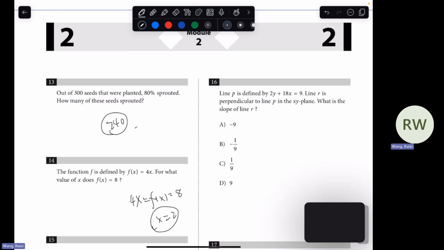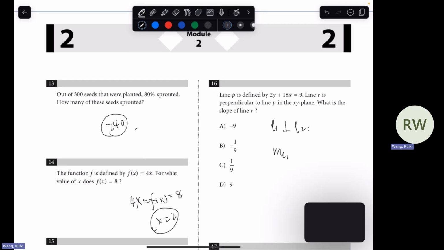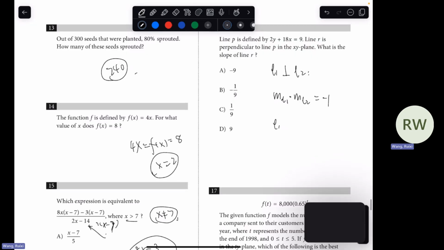Right. You have line P and the line R is perpendicular to P in the xy plane. What's the slope of line R? Yeah, so if two lines L1 and L2 are perpendicular, then the product of the slope of L1 and the slope of L2 equals -1. Right, so this guy has a slope of -9.